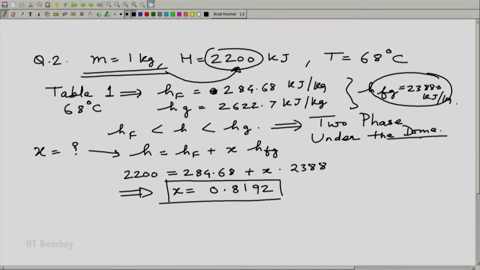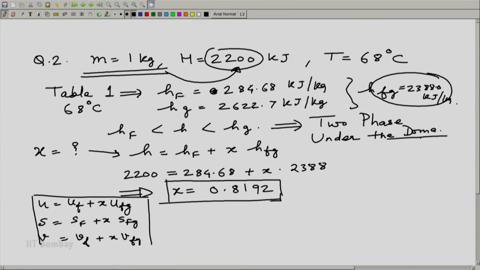Once we get the value of x, we can get all the properties, and that is not a problem at all. So I can now get u equal to uf plus x times ufg as we have done earlier, s equal to sf plus x times sfg, and v equal to vf plus x times vfg.